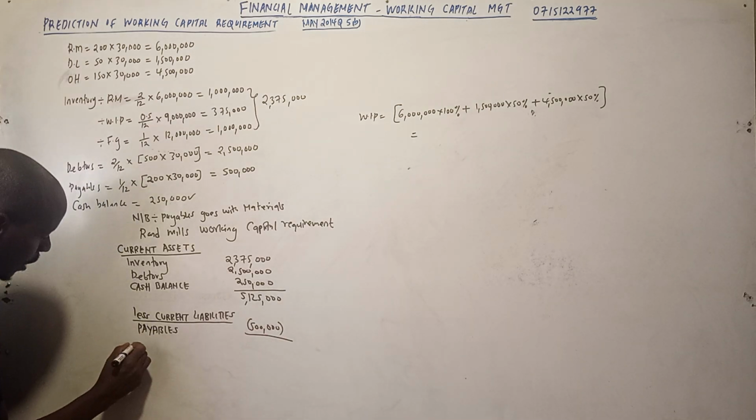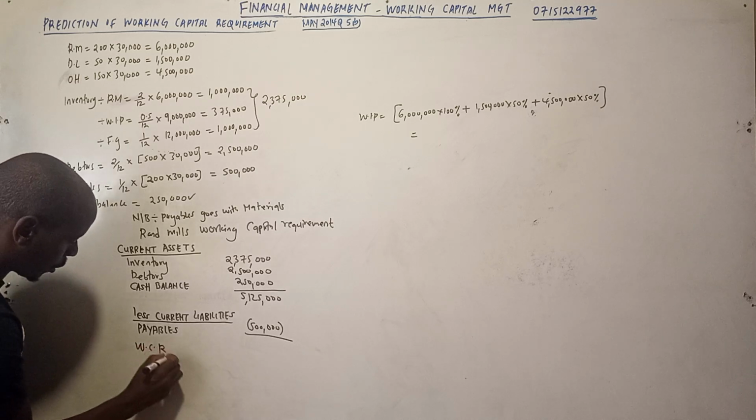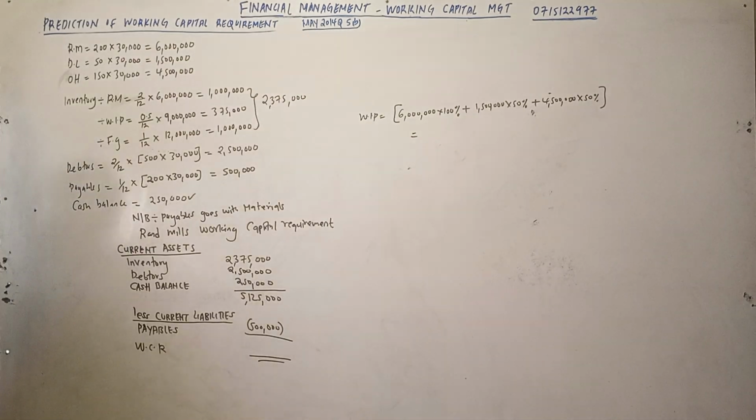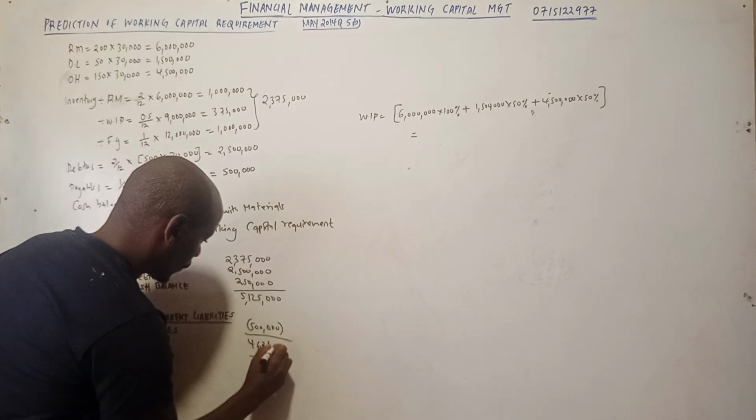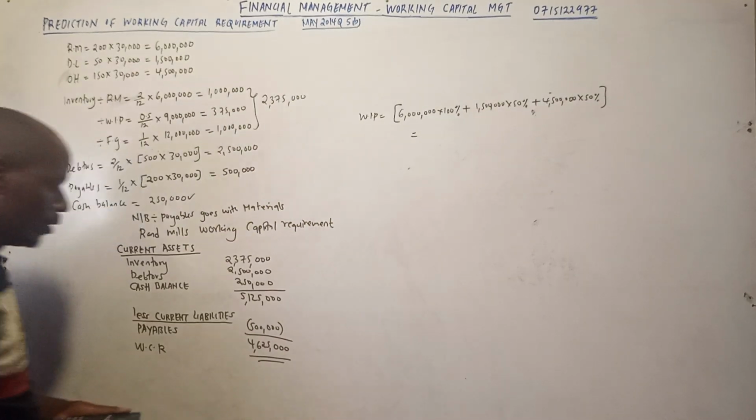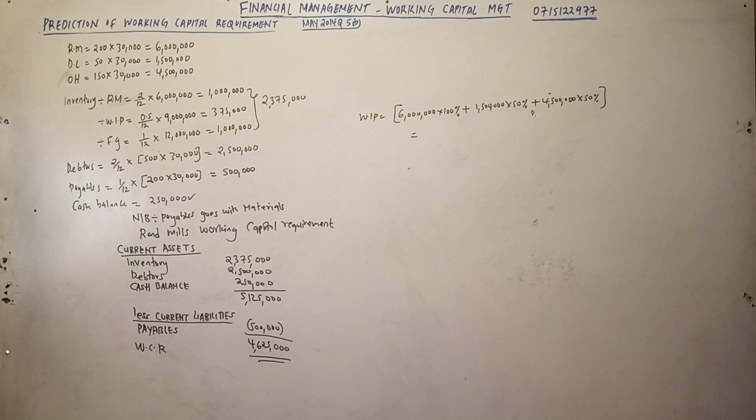So this means the working capital requirement is 4625, that is 4,625,000. That's the working capital requirement.